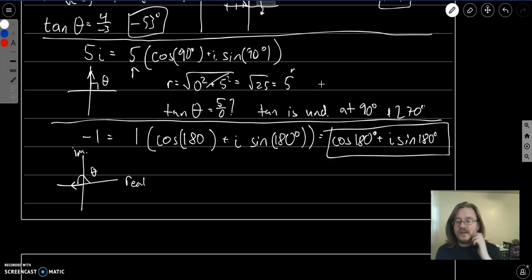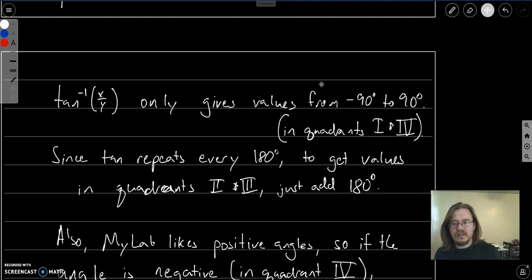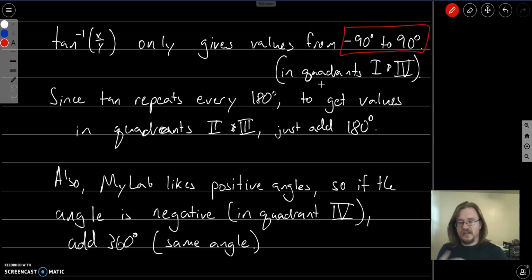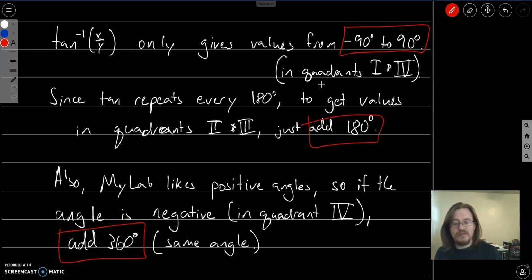And there you go. So just to reiterate a couple of things, when we're dealing with tangent, it's important to draw the picture so that we know exactly what's going on. Tangent only ever gives values between negative 90 and 90. So if there's one thing that you'll take away from what I have written here, you just add 180 degrees, maybe multiple times.